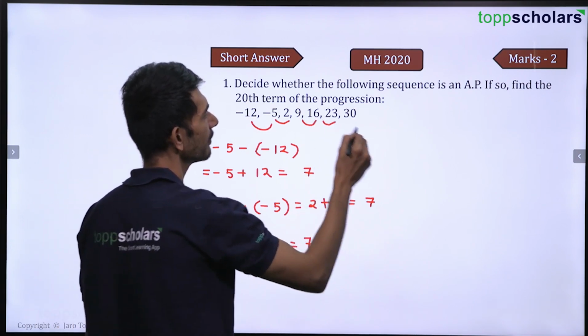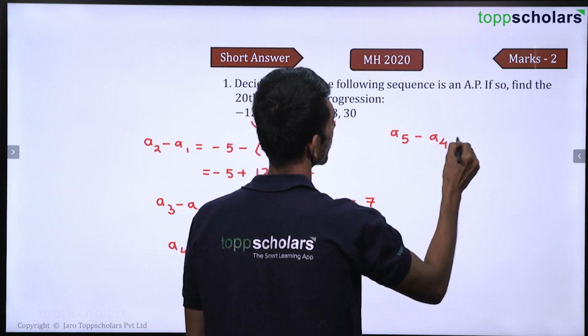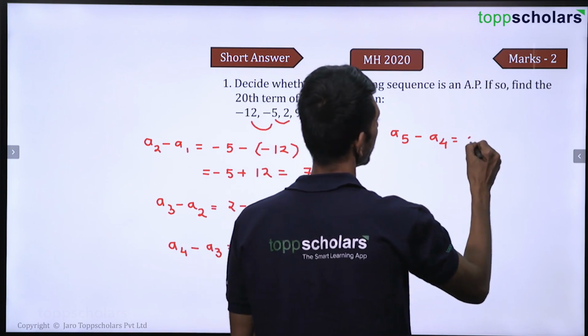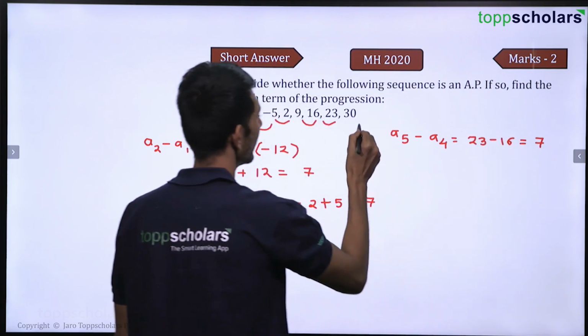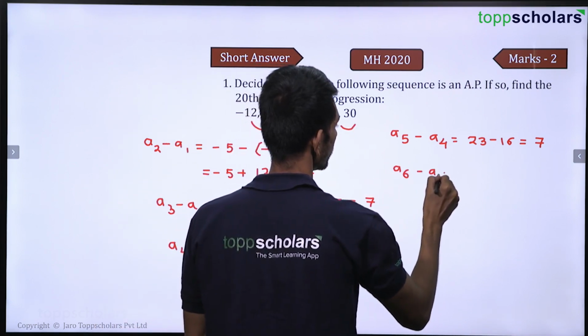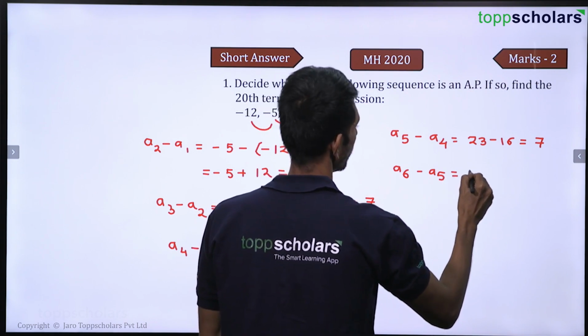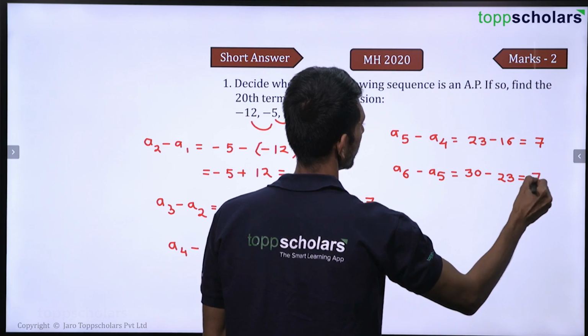Then A5 minus A4, that is equal to 23 minus 16, that is 7. And then A6 minus A5, that is equal to 30 minus 23, which is 7.